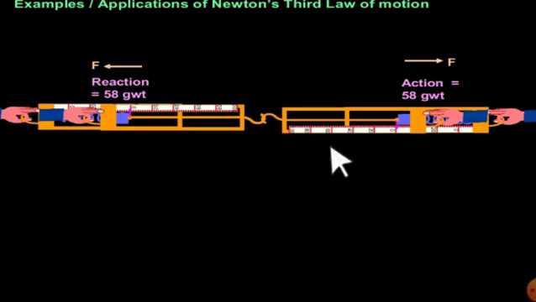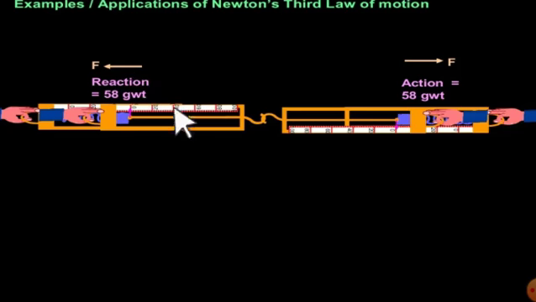So what happened here in my diagram: the left spring balance reads 58 gram weight, and the right spring balance also shows 58 gram weight. So the force acting on the right side is the same as that acting on the left-hand side.